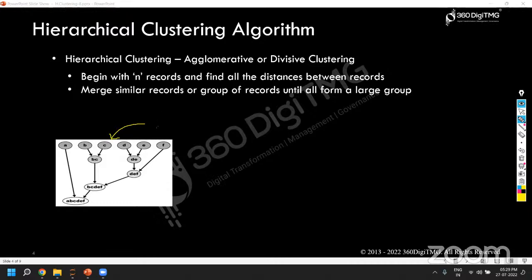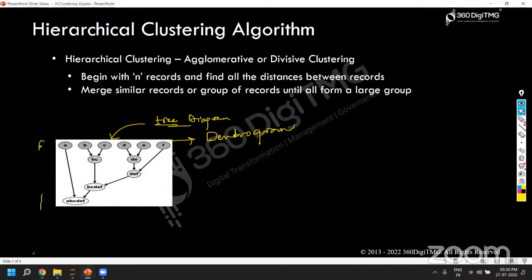This visual representation, the tree-like diagram that you're looking at, is called a Dendrogram. This is a flow diagram kind of visualization. We have a specific flow from 6 clusters to 1 cluster.